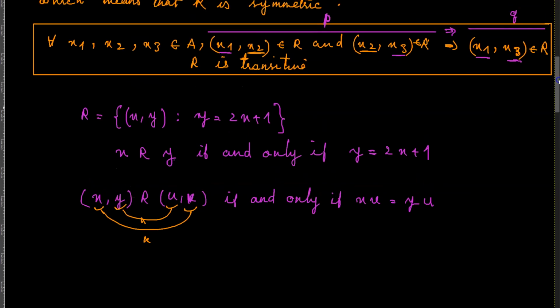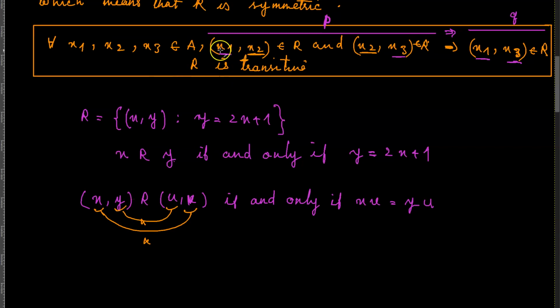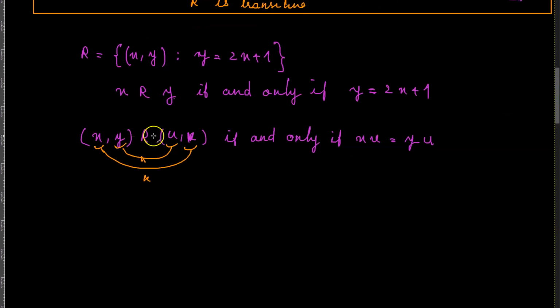So normally what I do is that I have to assume that (x1, x2) belongs to R, and also (x2, x3) belongs to R, and then I have to use that assumption to show that (x1, x3) belongs to R. So over here, based on this general condition, I need to show that (x, y) is related to (u, v).